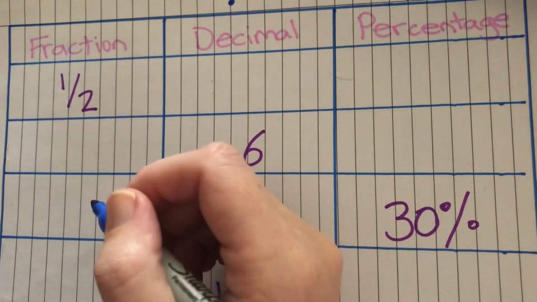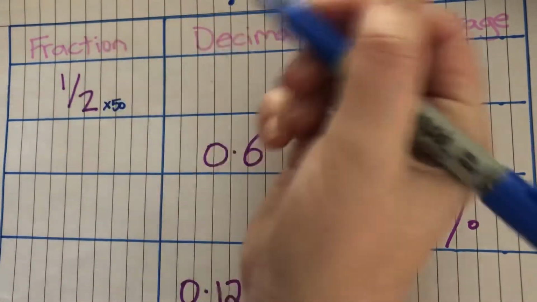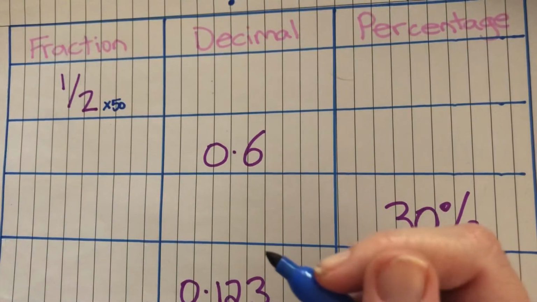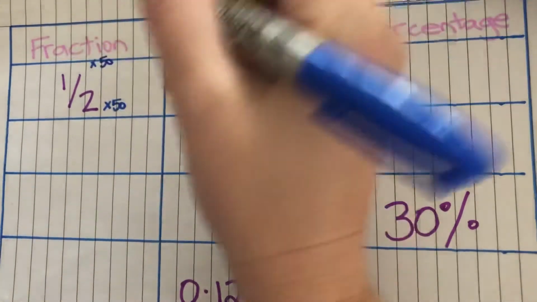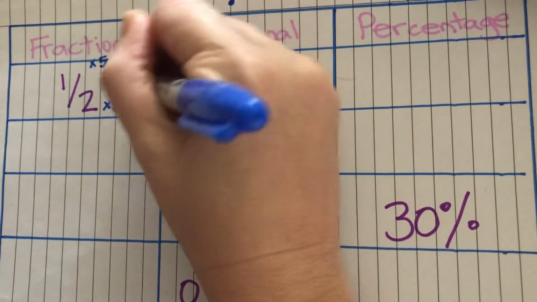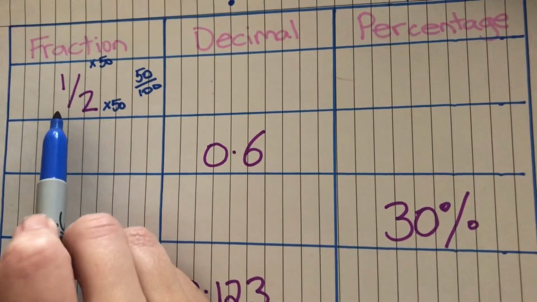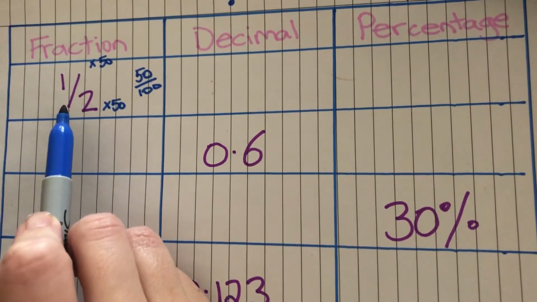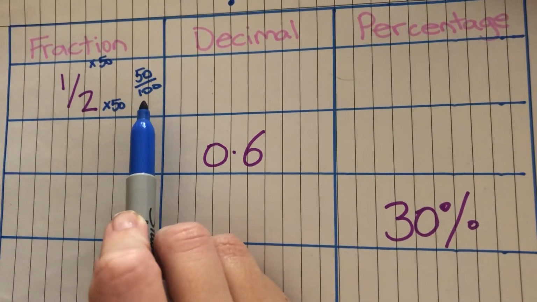We can do that easily on this one, because we can multiply that by 50. But you know that with fractions, whatever we do to the denominator, we also have to do to the numerator. So what we end up with here is 50 over 100. Now that's not our fraction answer, because our fraction answer was kindly already filled in for us. But this does help us answer the other bits, okay?